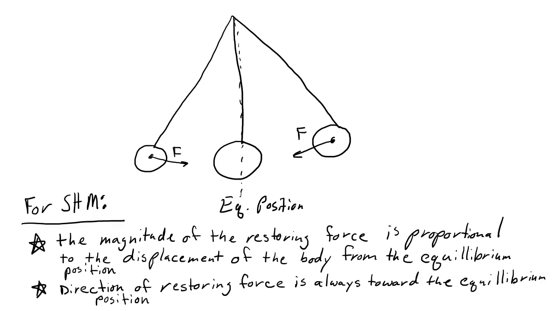Because the direction of the restoring force is always pointing toward the equilibrium position, the acceleration of the pendulum will also always point toward the equilibrium position. So if the acceleration is always opposite to the displacement, we can express this mathematically as acceleration is proportional to negative displacement.